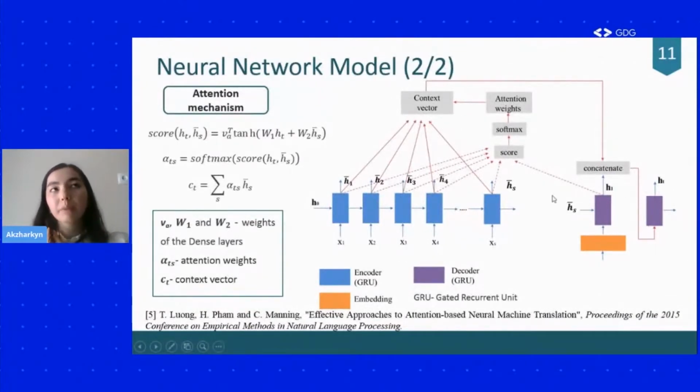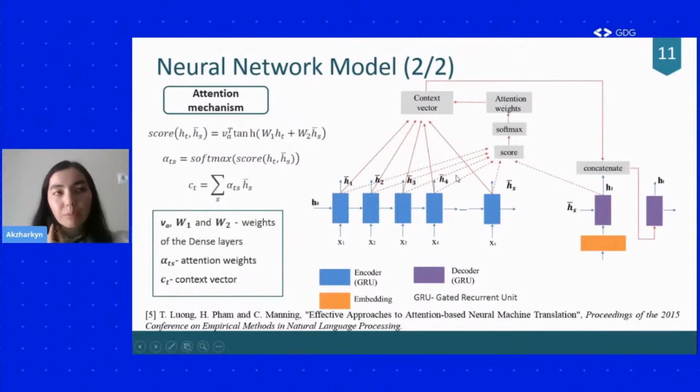For example, in sequence to sequence only one vector is used to represent input, and sometimes the information about early frames can be missed, but in attention mechanism, we keep this information.